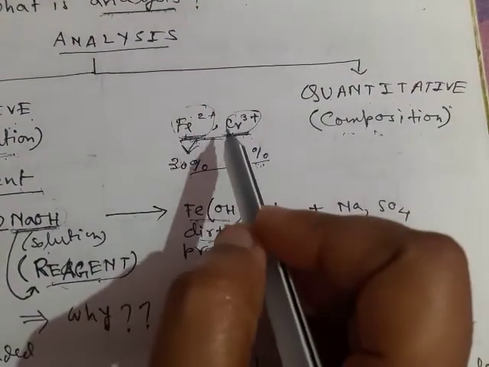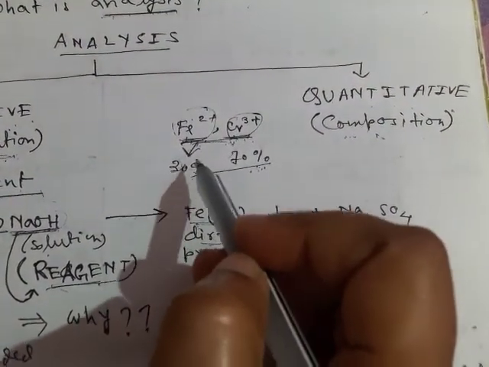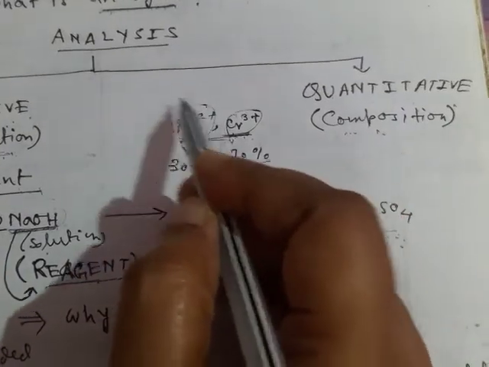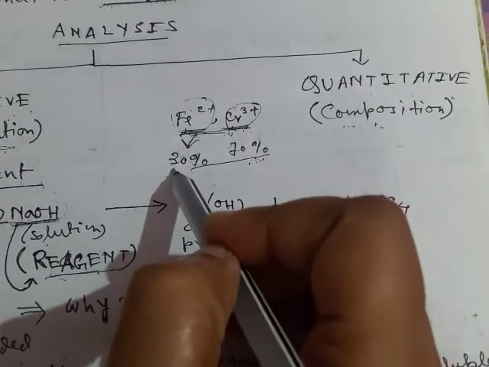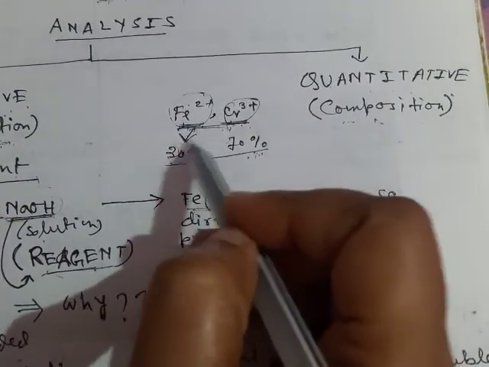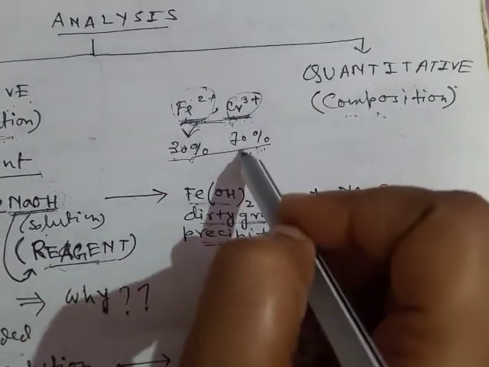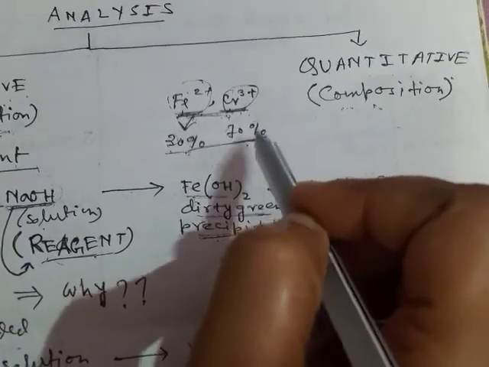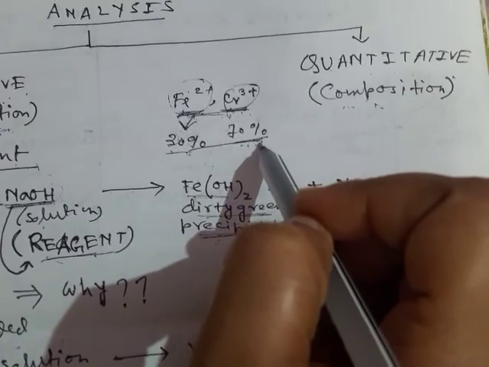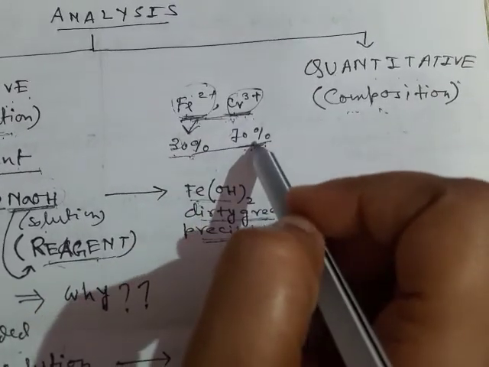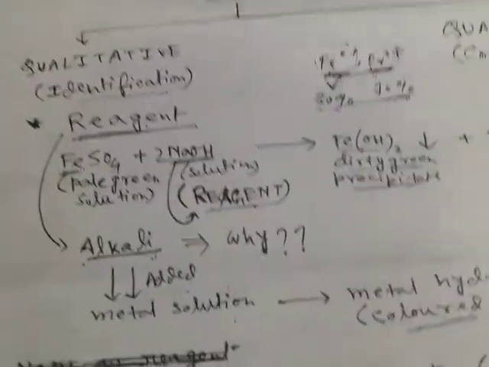And you also determine the amount of the ferrous ion and the amount of chromium ion. Say you obtain 30% ferrous ion and 70% chromium ion, that is the composition of the sample solution is determined. This is called quantitative analysis.